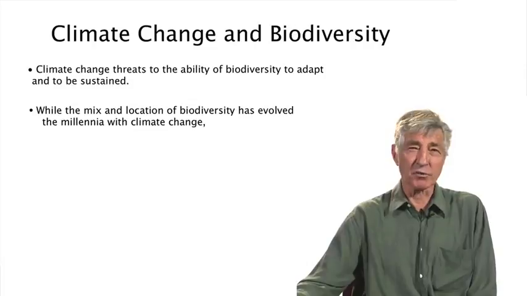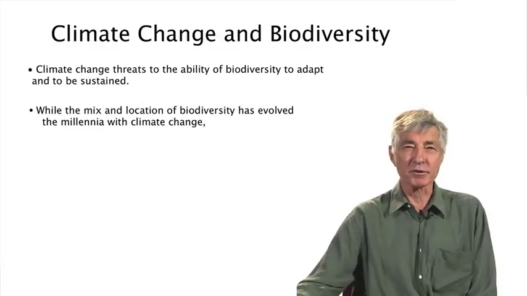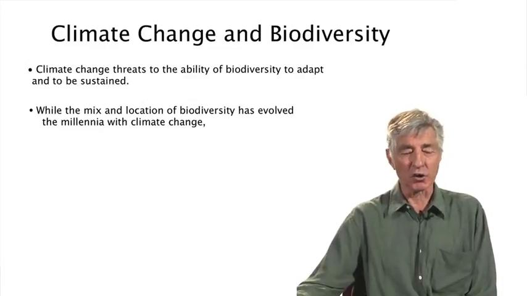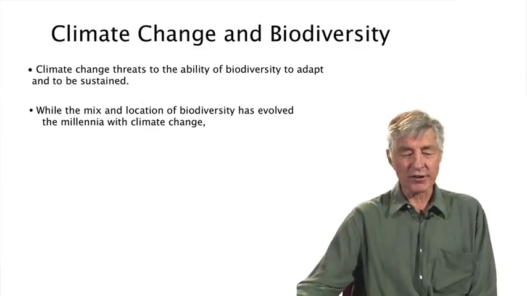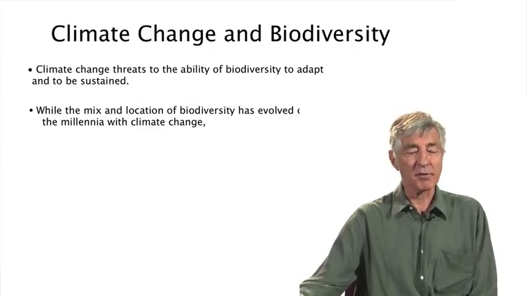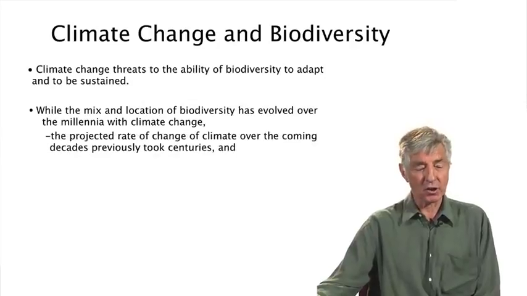Throughout our history, we've had cold periods and hot periods, and plants and animals have been able to adapt essentially under the Darwinian laws. But they happened over thousands of years. The sort of changes we're anticipating with climate change will be not thousands of years, but in decades. And so the question is, are these animals and plants going to be able to adapt to this rapid climate change?